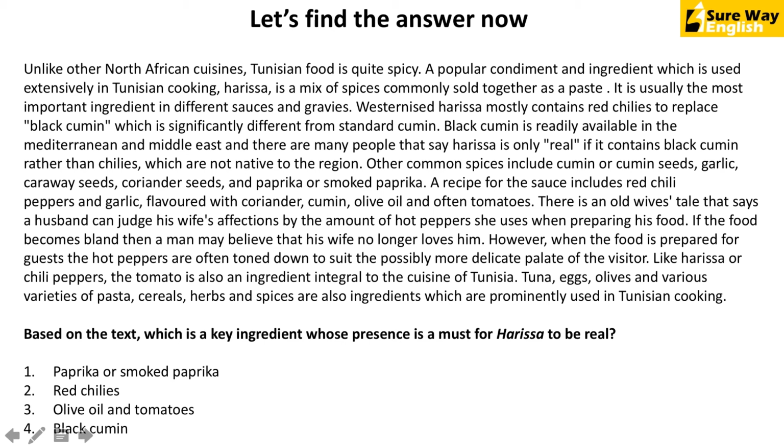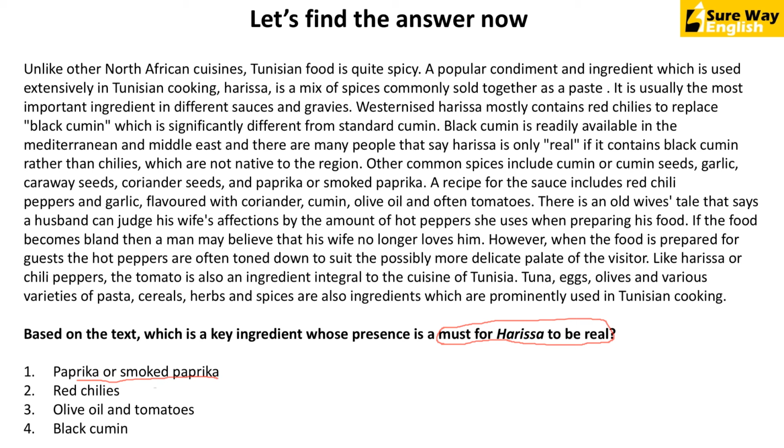Again, we have been given these options, so we can start reading from the top, looking for these specific options: paprika or smoked paprika. And you should also look for where they are talking about harissa and what goes in making harissa to make it real.